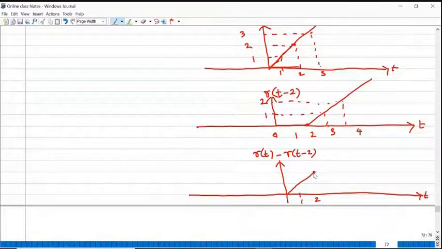At 3, the magnitude is 3, and here at t equal to 3, magnitude 1, so 3 minus 1, 2. At 4, magnitude 4 and magnitude 2, 4 minus 2, 2. And check for 5: you will get magnitude 5 and here you will get 3. 5 minus 3, 2, and so on.